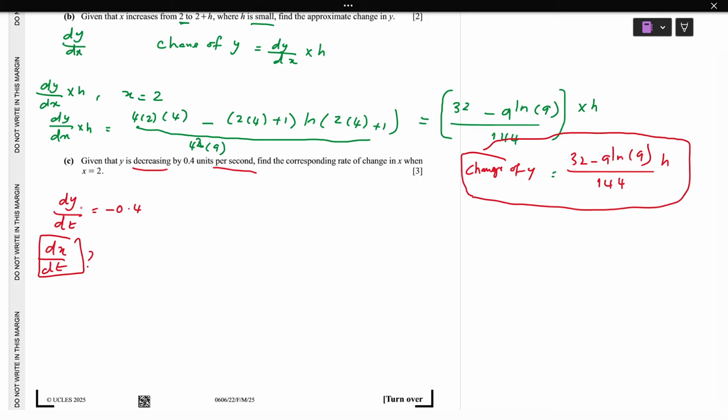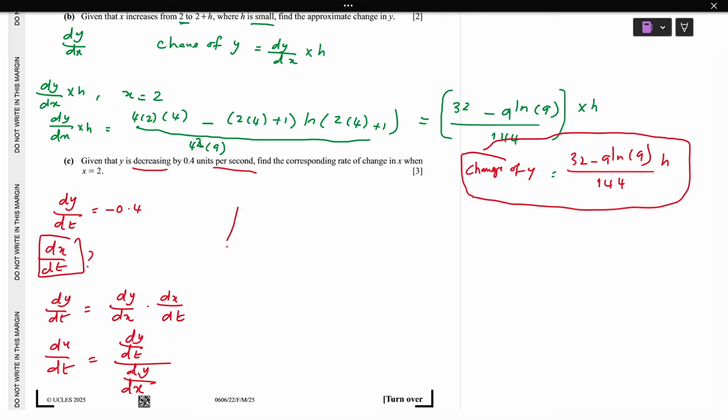First we have dy by dt. So dy by dt I can write as dy by dx into dx by dt. From here I need to find dx by dt, so make dx by dt the subject. dx by dt equals dy by dx goes to the other side, so it becomes dy by dt over dy by dx.